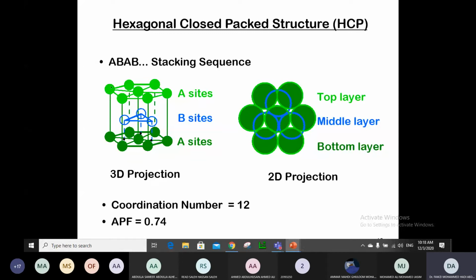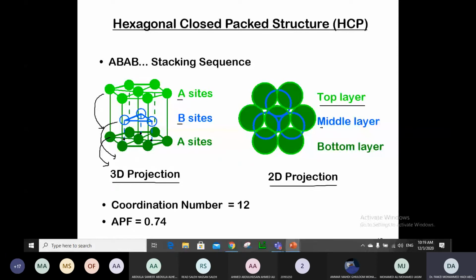We have the hexagon face here, which we refer to as the A site, and then we have the triangle site, which we call the B site, and again we have a repeating A site here, and it continues like that. Below that we have another B site coming here, and then after this you have another A site. This is actually a three-dimensional projection we are looking at. This is a two-dimensional projection.